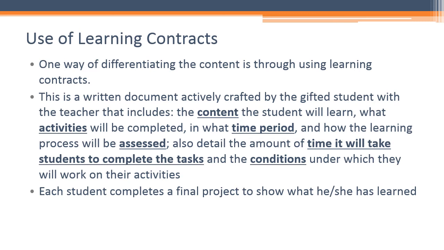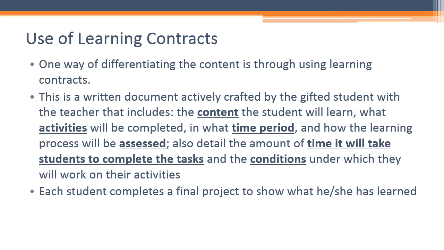Now, another way is using learning contracts. So, this is a written document actively crafted by the student, gifted student with the teacher that includes the content the student will learn, what activities will be completed, in what time period, and how the learning process will be assessed.